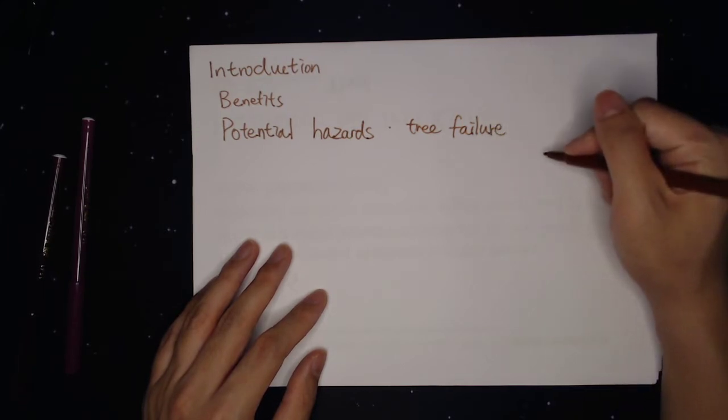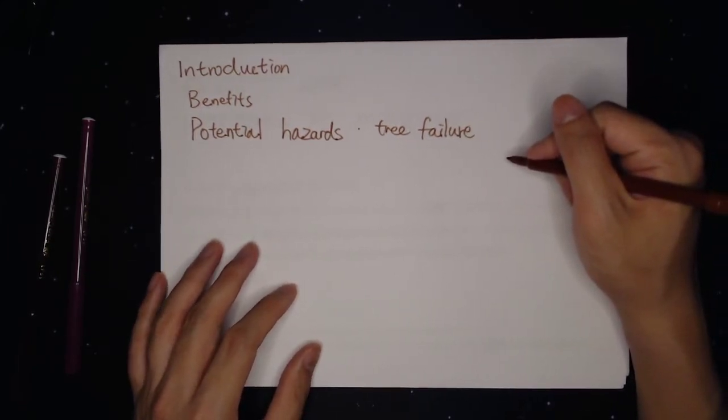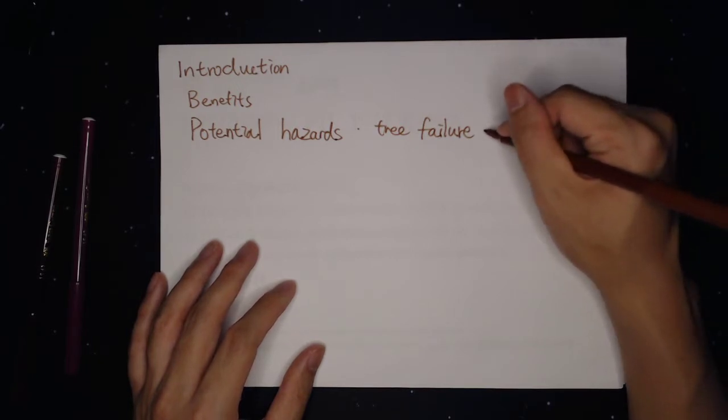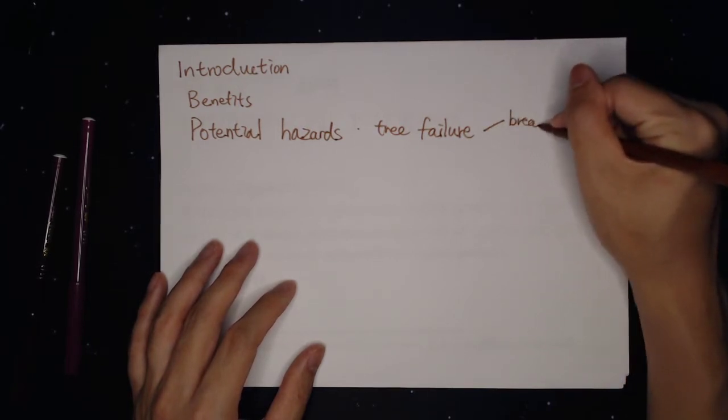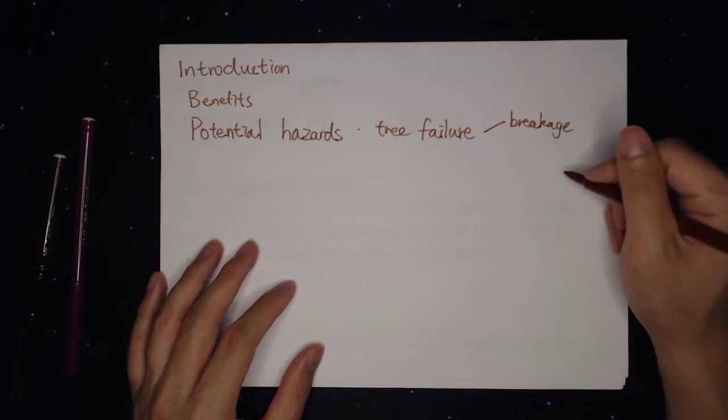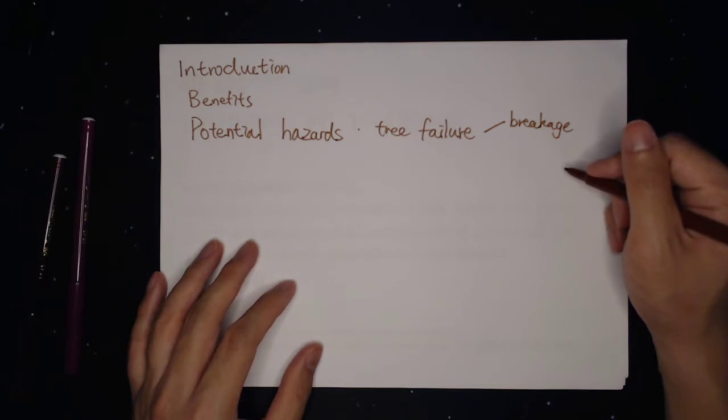I remember I have mentioned in the lecture there are two modes of tree failure. The first mode is called breakage, which means that the trunk of the tree or the branch of the tree breaks. The whole tree still stands, but one or some of its parts just fall down.